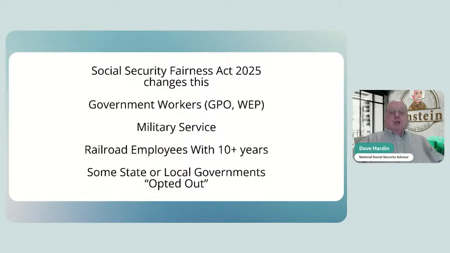Except the government says that the GPO, the government pension offset, we like to call it the grumpy partner offset, said that you get the pension, but we're going to reduce it because you don't have 30 plus years in the private sector paying into Social Security. We're going to reduce your Social Security, or guess what? We're going to eliminate it. We're just going to say, no, you don't get it.